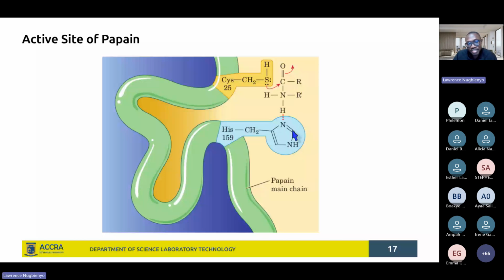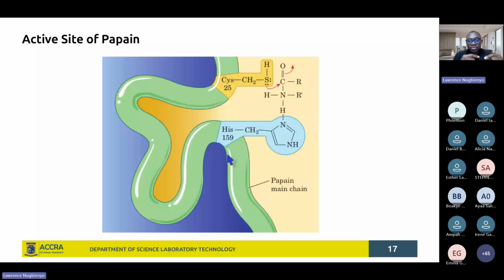Now, another interesting thing you should take a look at is that there are some numbers here, 25, 159. What do these mean? We were talking about the primary structure of proteins, that is the sequence of amino acids in a protein chain.